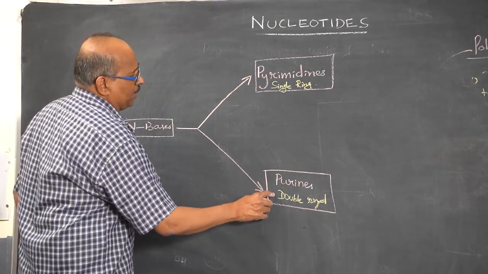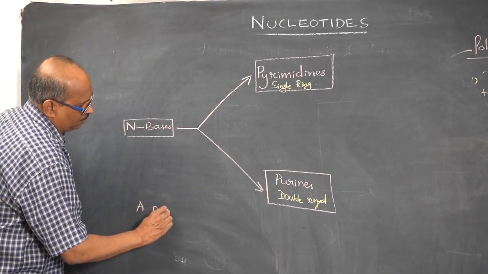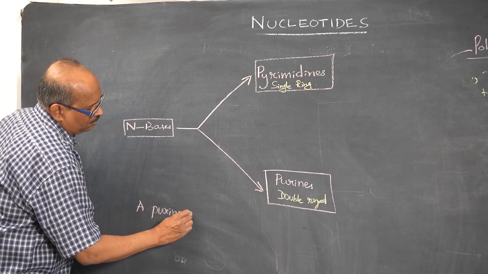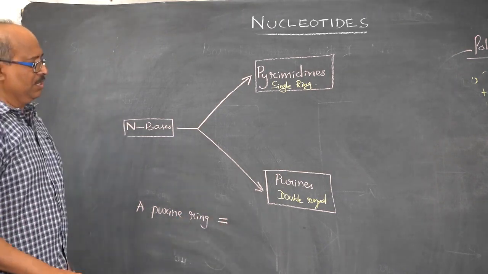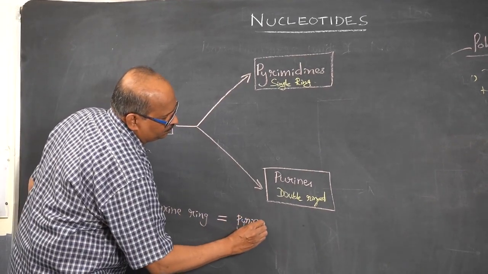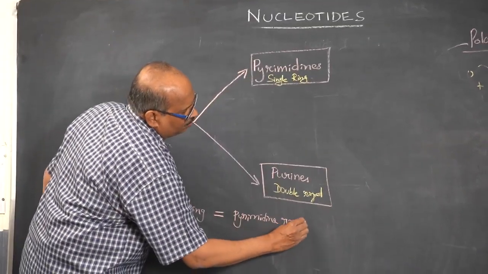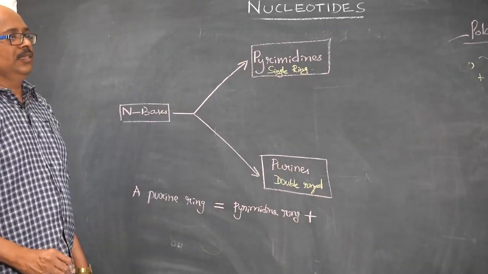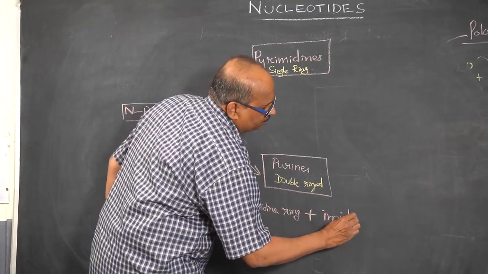So a purine ring is a combination of two rings. One is the pyrimidine ring, so we always get pyrimidine rings plus a 5-membered imidazole ring.